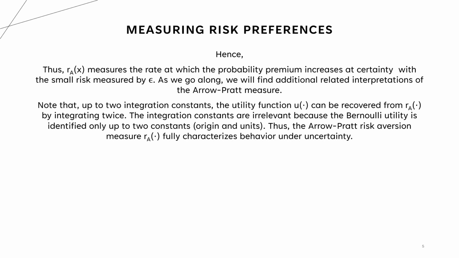It also shows how the utility function, which represents an individual's preferences, can be recovered using the Arrow-Pratt coefficient. So this is a critical insight because it allows us to quantify and understand risk aversion. If you are making decisions under uncertainty, this measure gives a precise way to determine how much someone values certainty.